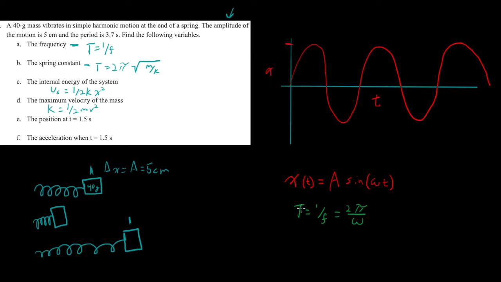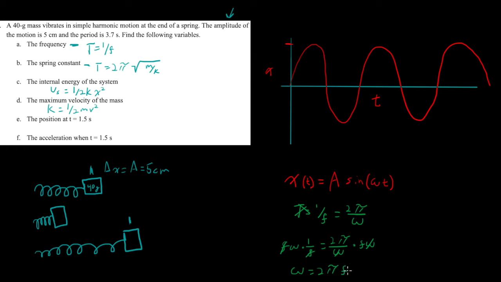So then I've got 1 over f equals 2 pi over omega. So I'm going to multiply both sides by frequency and omega: f omega and f omega. So my frequency cancels out there, my omega cancels out here. I have omega being equal to 2 pi f.